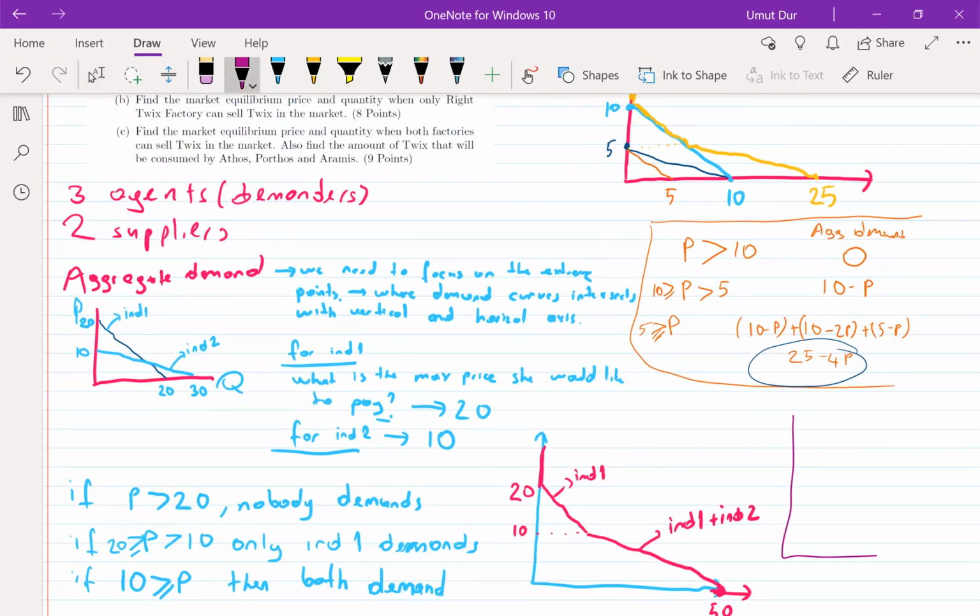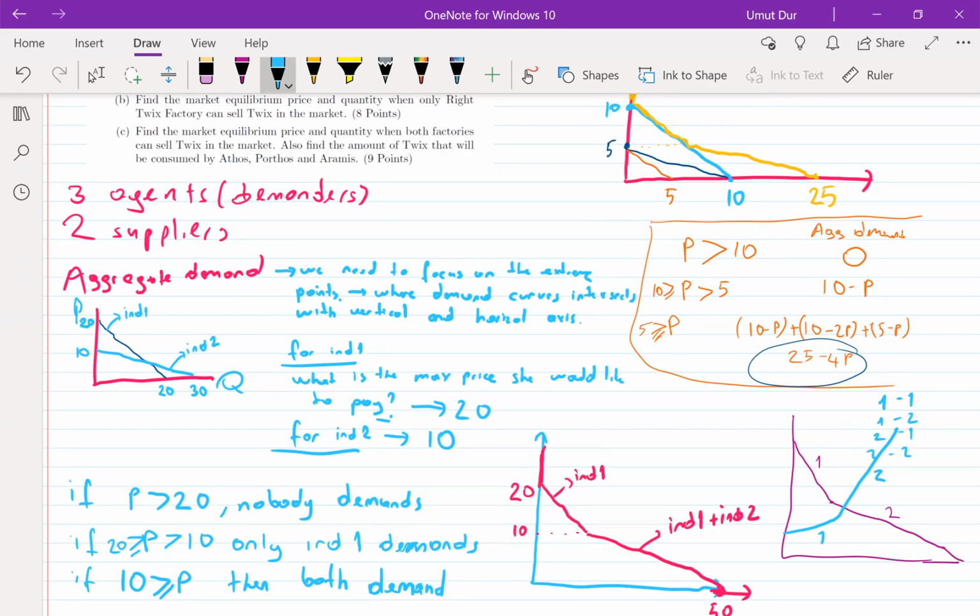Now we have the demand curve like this, with portion 1 and portion 2, and we also have a supply curve, with portion 1 and portion 2. So either the supply and demand curves intersect at 1 and 1, or 1 and 2, 2 and 1, or 2 and 2.